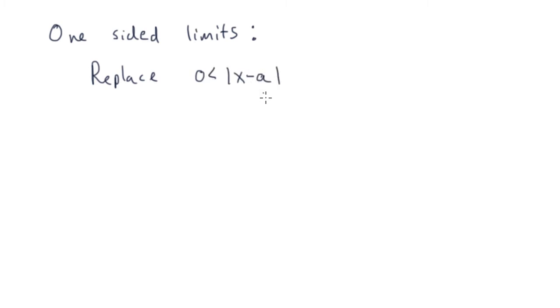So for one-sided limits, things are not so bad. All we want to do is replace, remember, we had this window where the absolute value of the distance between x and a was less than delta. We just replace that with the following condition. So x should be between a and a plus delta.